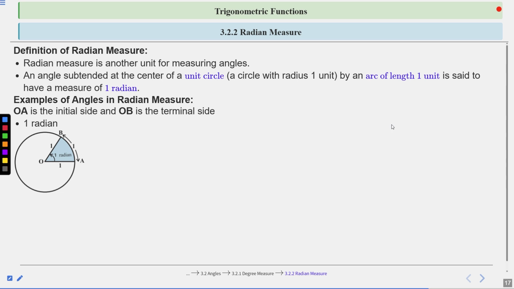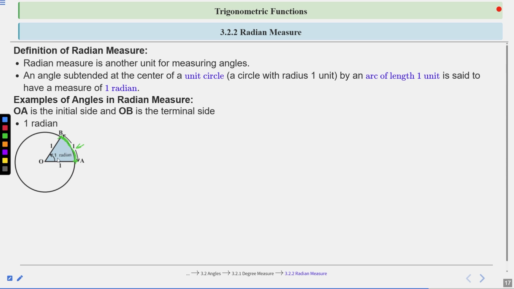After moving, your final position is OB, and if you look at this circle and this arc AB, this part of the circumference of your circle is of 1 unit length. So we are taking 1 unit.